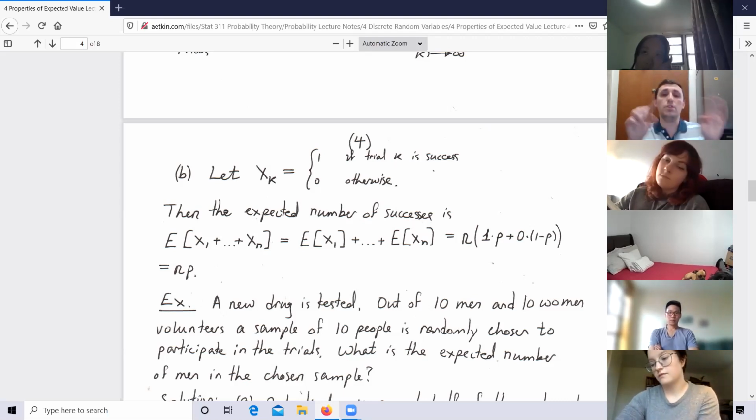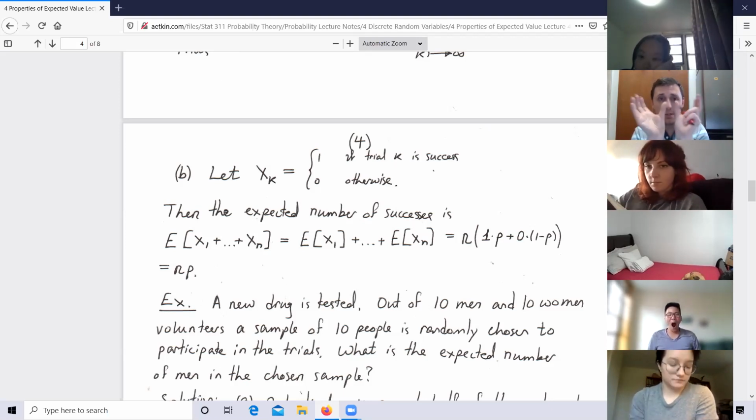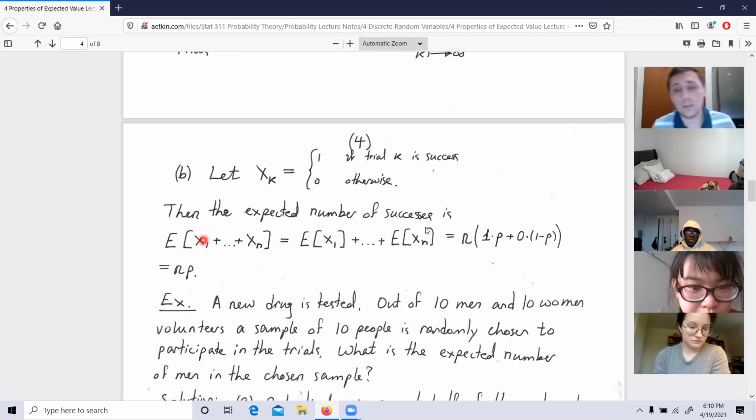So those x's label any particular trial. If I take n shots, if I perform the same procedure n times, then I have codes like 0, 0, 0, 0 means all failures. 1, 1, 1, 1 means all successes, right? And then each xk just looks at that string and it gives me 1 or 0 depending on success or failure.